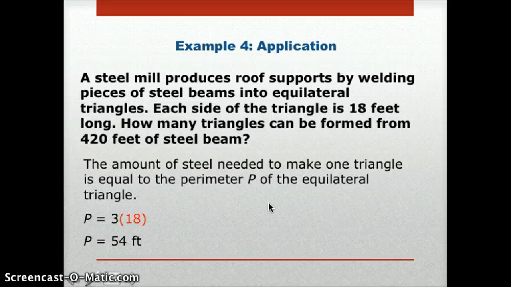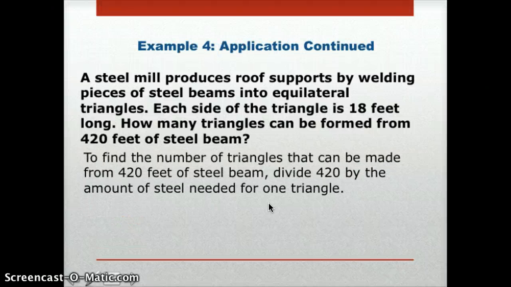So now, if it takes 54 feet to make one beam, I can divide the amount of steel I have by how much it takes to make one beam, so I'd say 420 divided by 54, and I'd get 7 7/9.